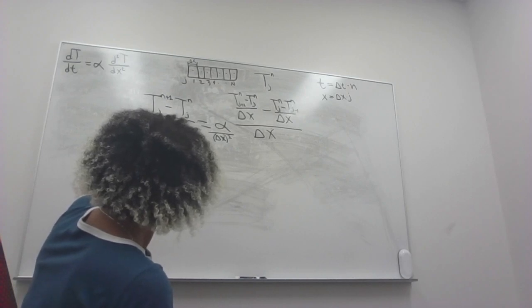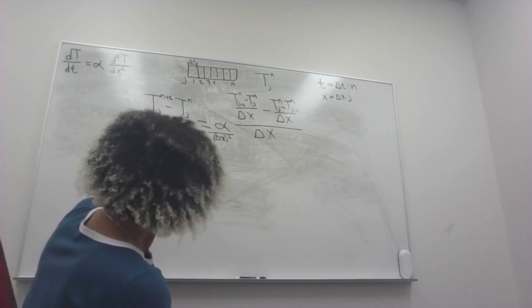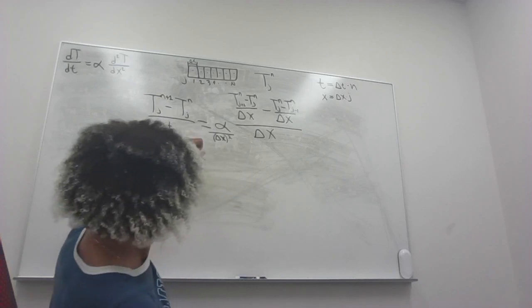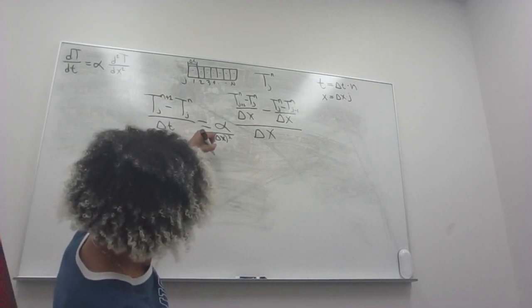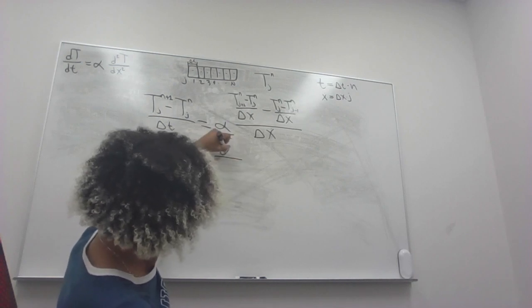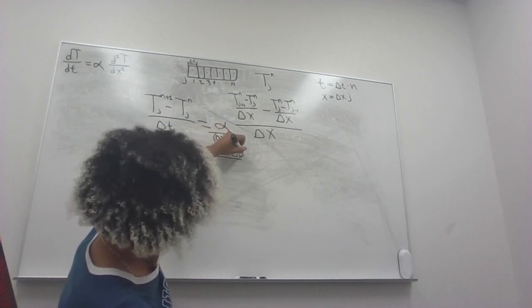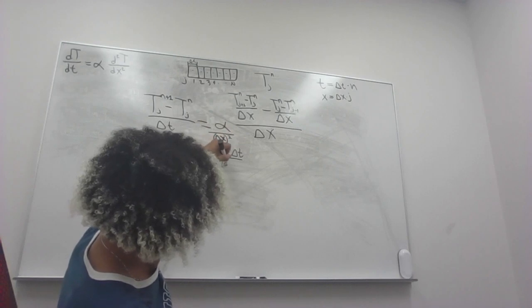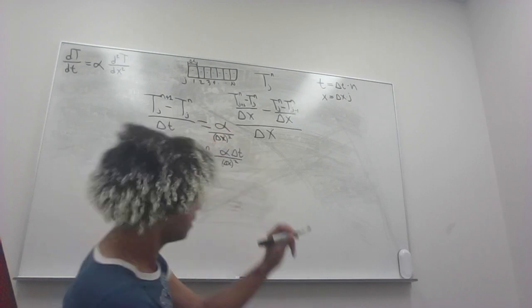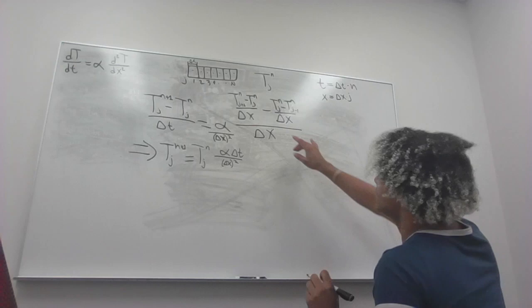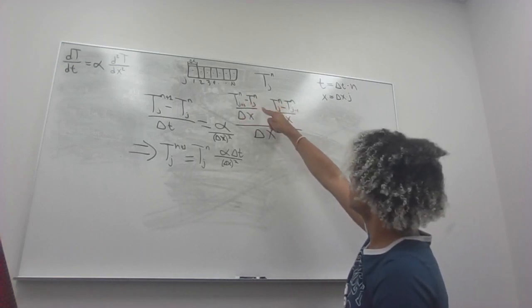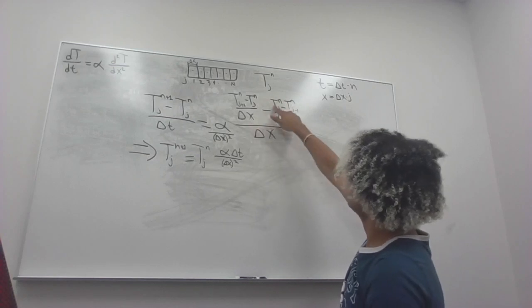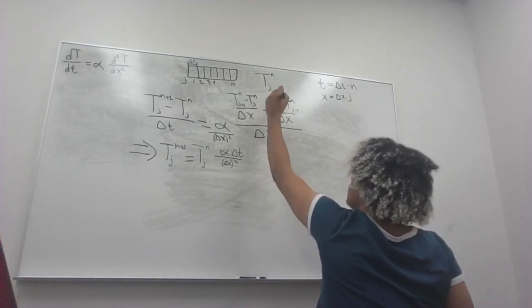So we have T j n plus 1 is equal to T j n, multiplied by alpha change in t over change in x squared. And then essentially that's a negative that will apply to that, so this becomes negative and that becomes positive.